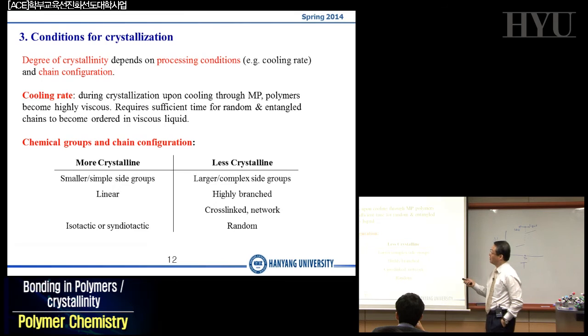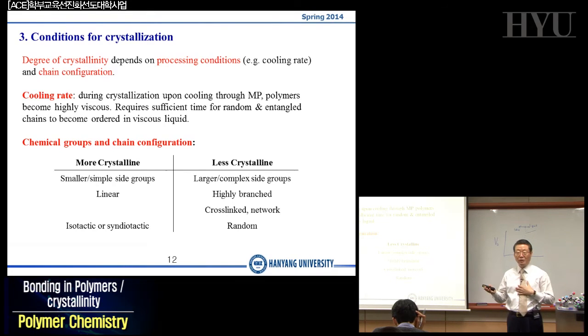And the second important aspect of the crystallization condition is that your chemical groups or chain configuration, regularity, irregularity, influences your crystallinity, of course.